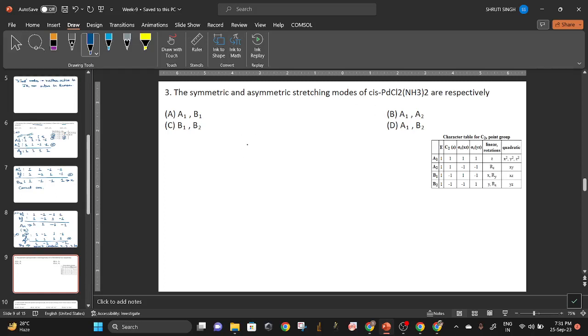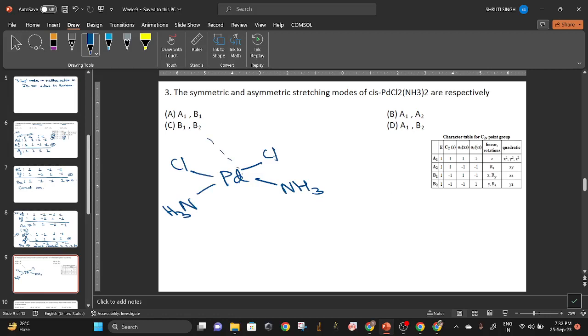Okay, so let's write this molecule. Pd, oh, it's not cisplatin, it's palladium. Cl, NH3, NH3. Here the point group is C2v.